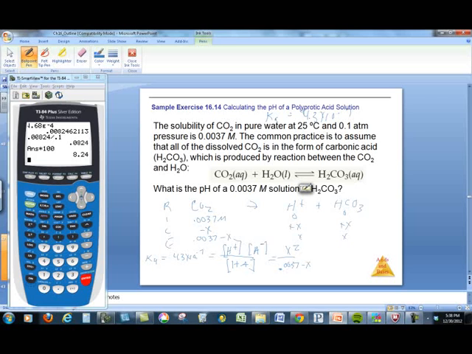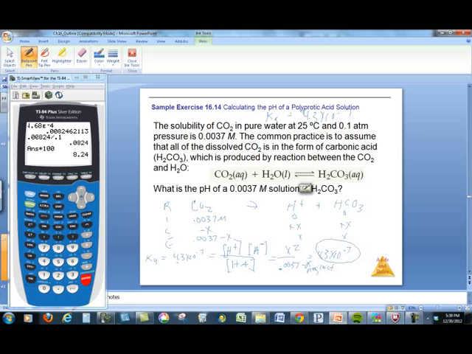So if I look at this, that's equal to 4.3 times 10 to the minus 7. If I distribute this and multiply this value times x, this number is tiny, so I can neglect the x. And if I do that, I get x squared equal to this times this.